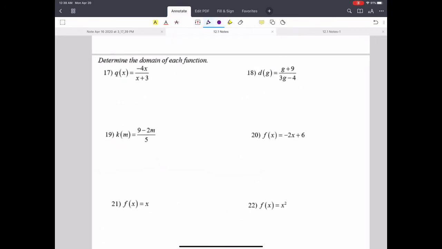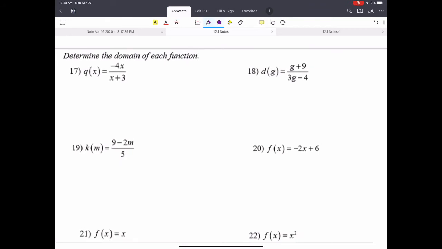Number 17 right here, for the first one here, we want to pay attention to this is a rational function. And since we're dealing with a rational function, we definitely have to make sure that that is not 0. So if we set that x plus 3 to 0, well then x is going to equal negative 3. Now that's the only value of x that when you plug it in, it makes that rational function undefined.